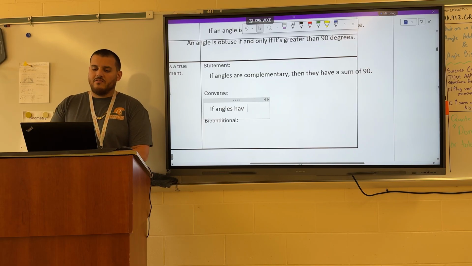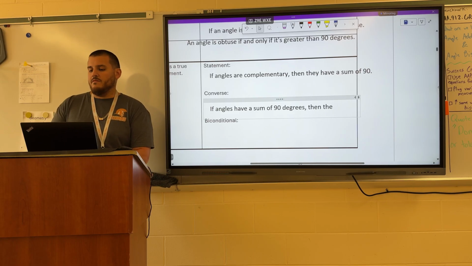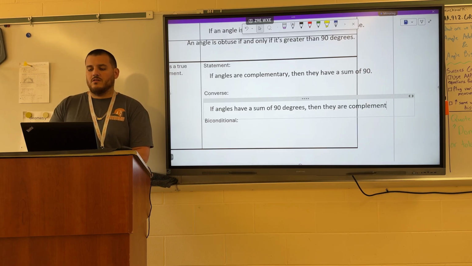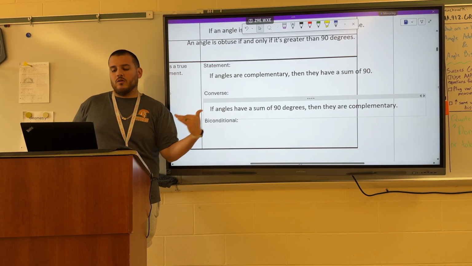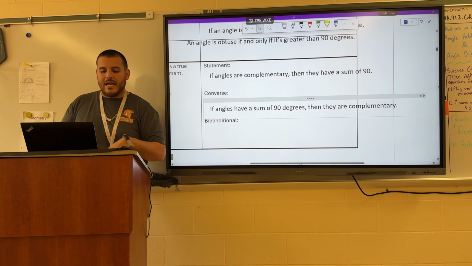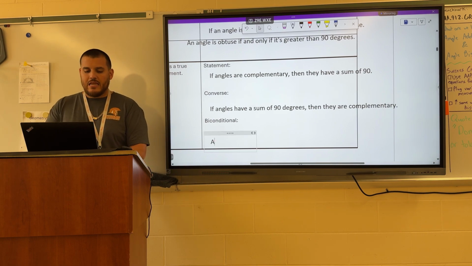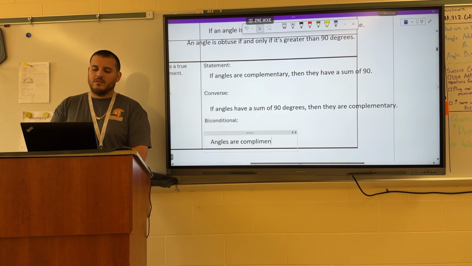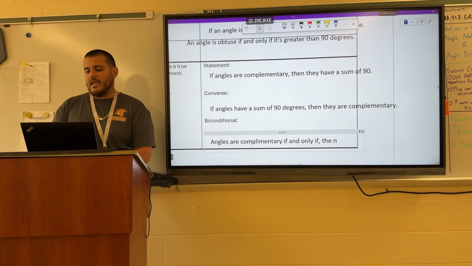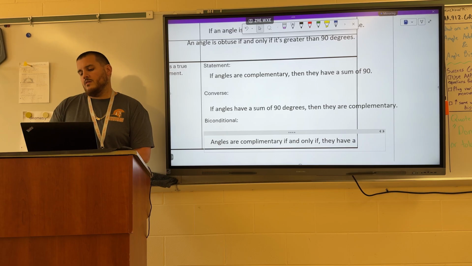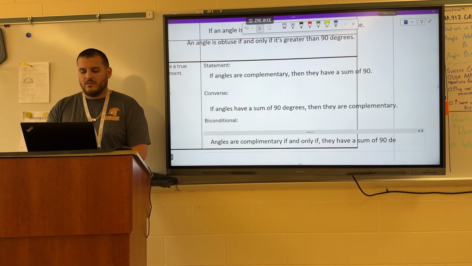If angles have a sum of 90 degrees, then they are complementary angles. That now, because the original statement and the converse are both true, can be written as a biconditional statement, where I can say angles are complementary if and only if they have a sum of 90 degrees.